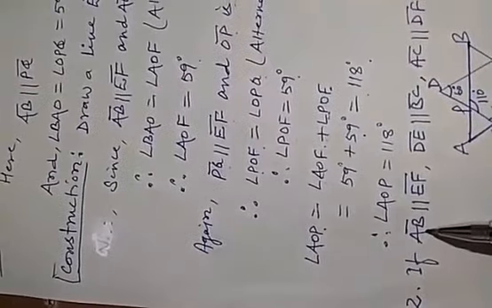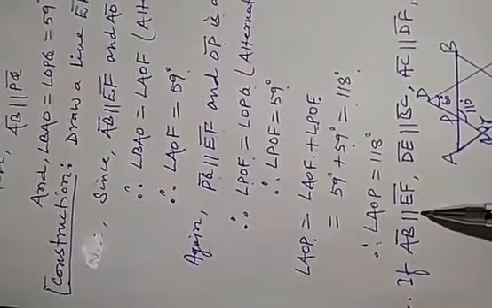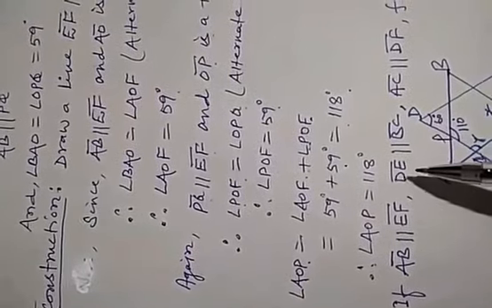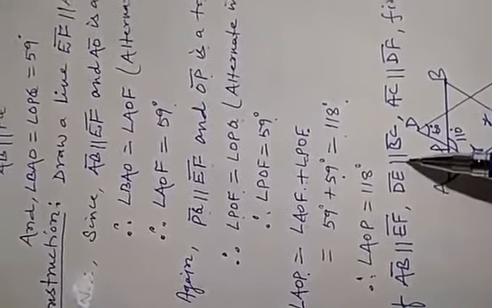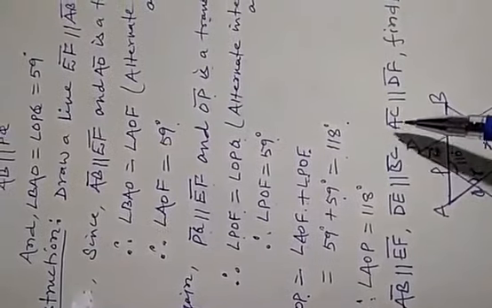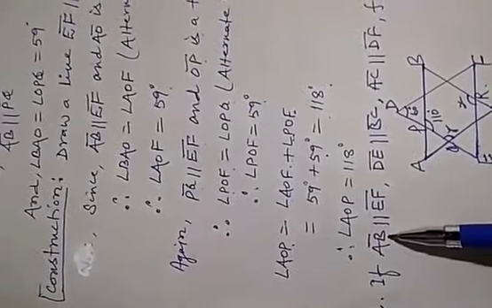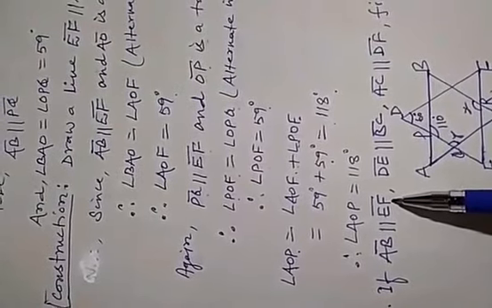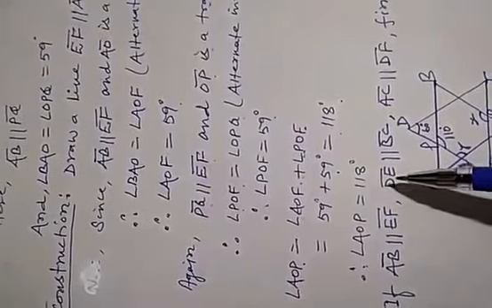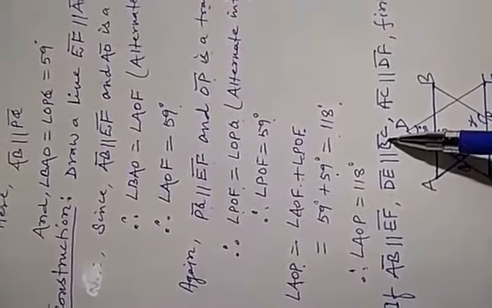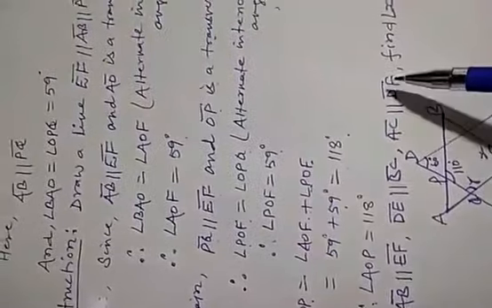If line segment AB is parallel to line segment EF, line segment DE is parallel to line segment BC, and line segment AC is parallel to line segment DF, find angle X and angle Y in this figure.